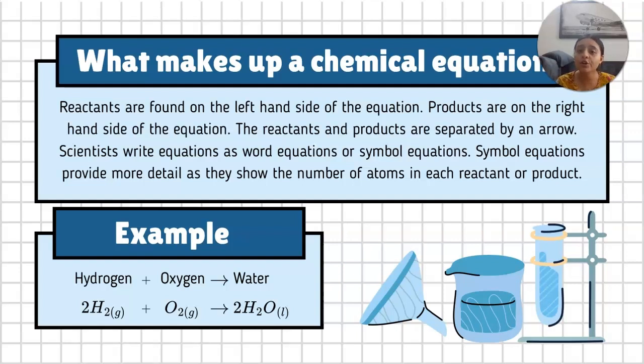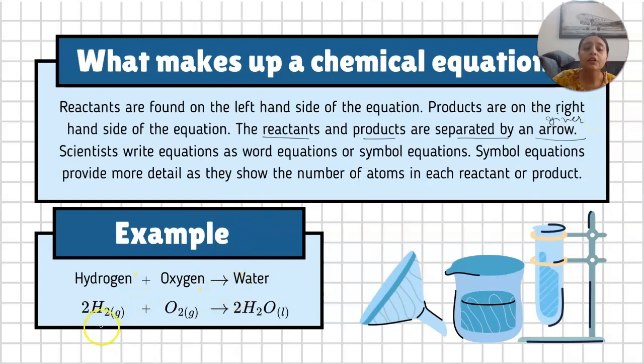I have already told you that in a chemical equation, the left hand side tells you about the reactants. Reactants means the elements which are going to combine in order to form the product. The reactants and products are separated by an arrow. When we say the chemical equation verbally, we do not say arrow.